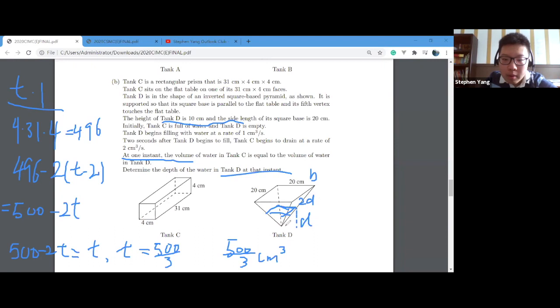So the volume of water when there's a depth of D would be the base square, 2D squared, times the height, which is D, times 1/3.